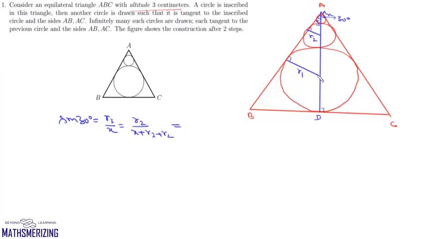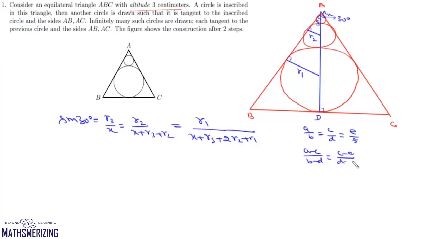And for this larger triangle, it will be R1 upon x plus R3 plus 2R2 and then plus R1. Now we know that if A upon B equals C upon D and equal to say E upon F, then A minus C upon B minus D must be equal to C minus E upon D minus F.